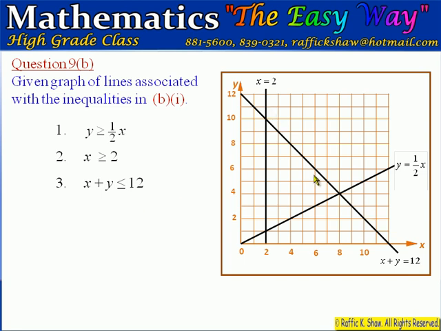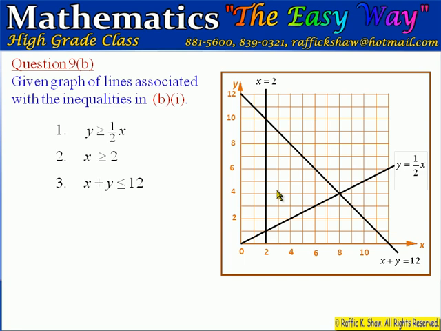And in this case, we want below this line. In this case, we want above this line, and in this case we want above this line, and therefore the common region is inside this triangle here. This triangle here satisfies the three inequalities. It is this line and above, it is this line and above, and it is this line and below. And so the region here in this triangle satisfies the three inequalities.